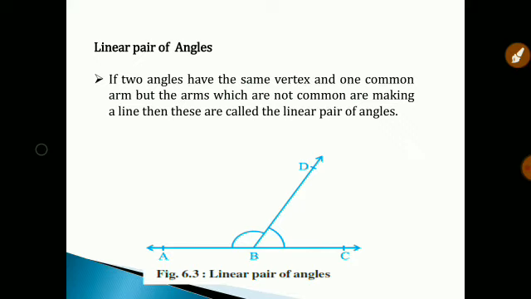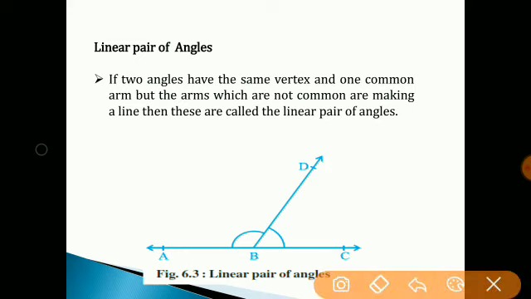Next one is linear pair of angles. If two angles have the same vertex and one common arm, but the arms which are not common are making a line, then these are called a linear pair of angles.